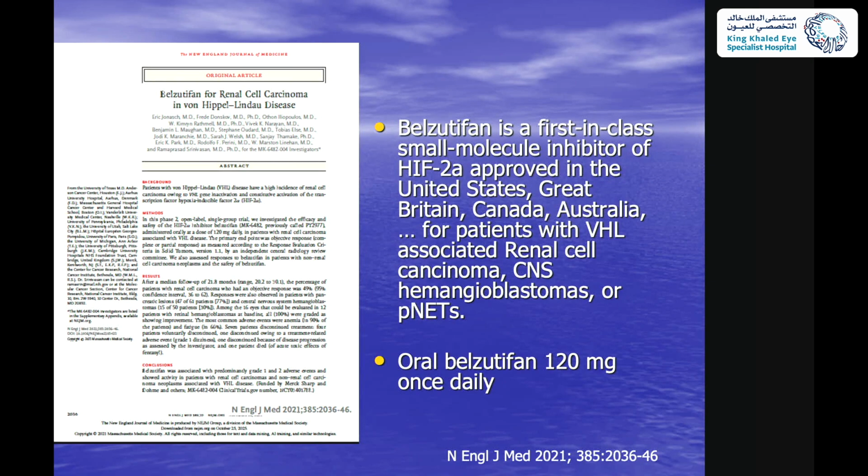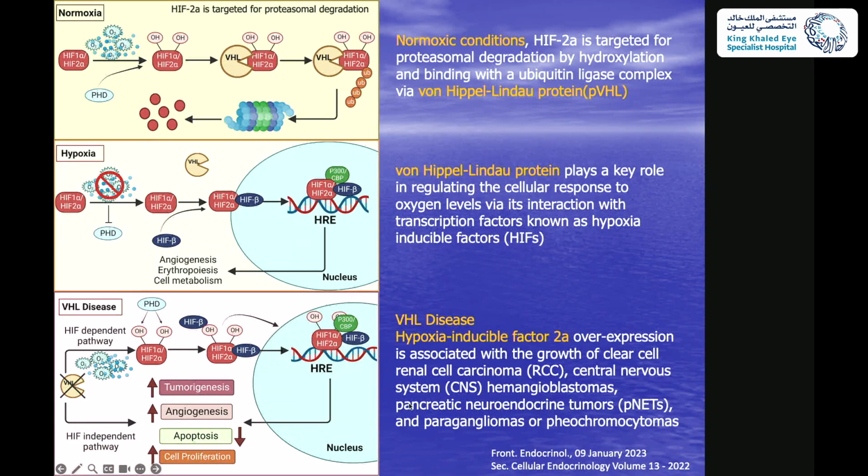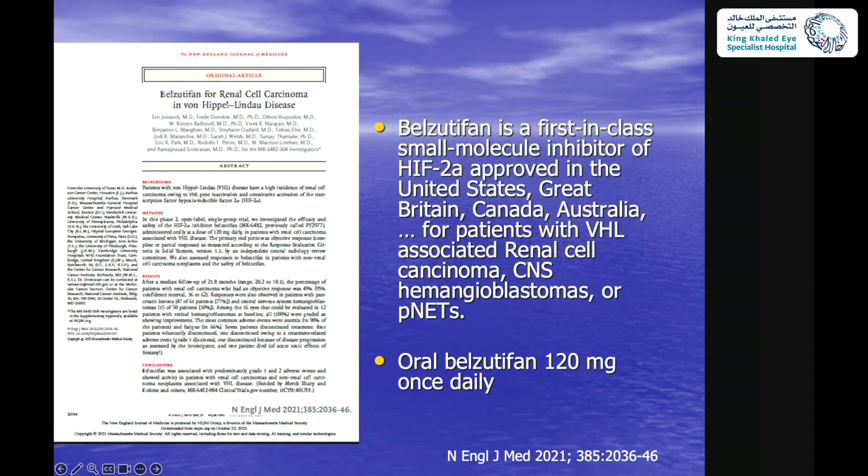I'll go back one more time. Since hypoxia-inducible factor 2 alpha, or HIF-2α, is an important factor in the development of the tumor, people have developed a drug, which is a first-in-class small molecule inhibitor of HIF-2 alpha called belzutifan.